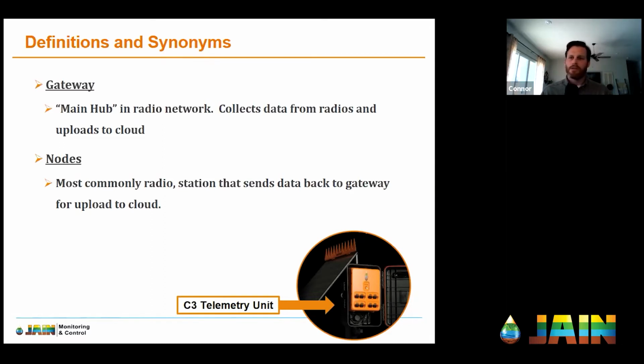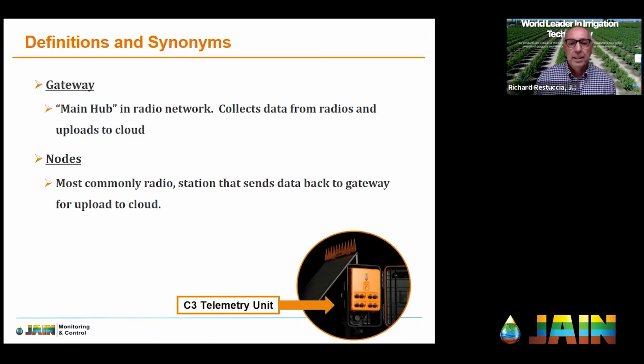In some cases, when we want to extend that radio signal a little bit further, the nice thing about the C3 is it can not only act as the cellular, it can act as the gateway, the node, but it can also act as this repeater too. It would extend that node signal even farther by relaying the signal to the node, then back to the gateway. So that's why they call it a repeater.